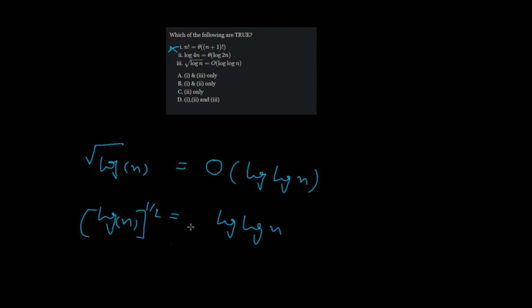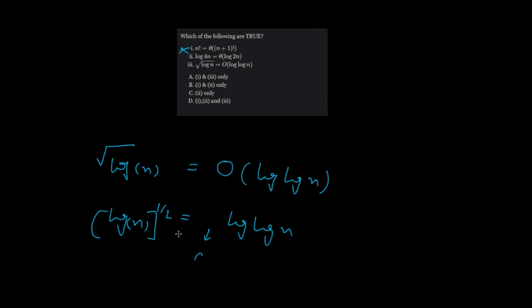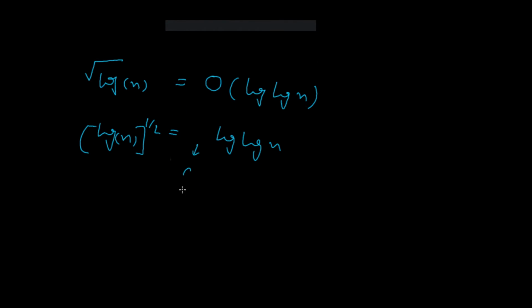To check some constant, we can just take log on both sides. By taking the log on this side, we'll get 1 by 2 in front, and then it will be log log n. This side it will be log of log n.